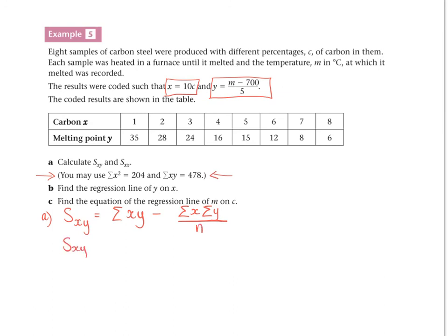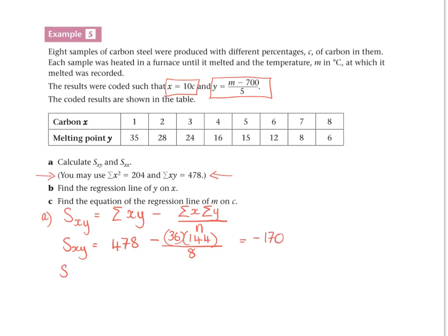Substitute our numbers in, and we've got 478 minus 36 times the sum of all the y's, which is 144. So you have to work that part out, it's not been given to you, and altogether there are 8 pieces of data, and that works out to be minus 170.